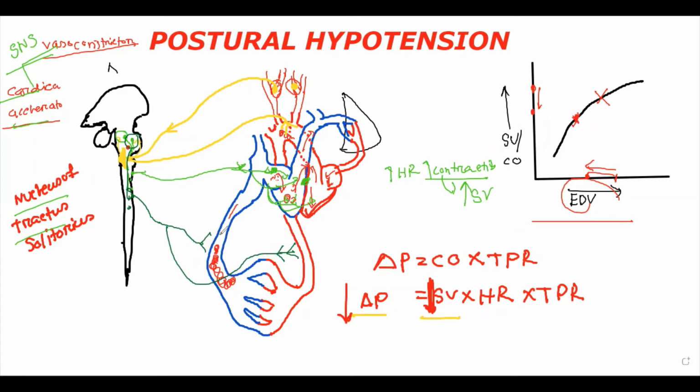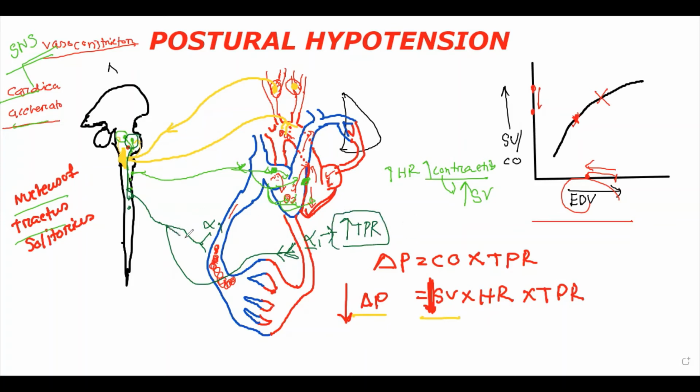They release norepinephrine onto the alpha-1 receptors present in the vein, and also onto the alpha-1 receptors present in our precapillary sphincter and arteriole. Due to the norepinephrine release, it will increase the vasoconstriction of the arteriole, and as arteriolar vasoconstriction increases, it will ultimately increase the total peripheral resistance.